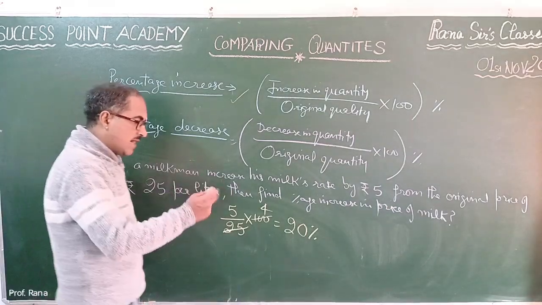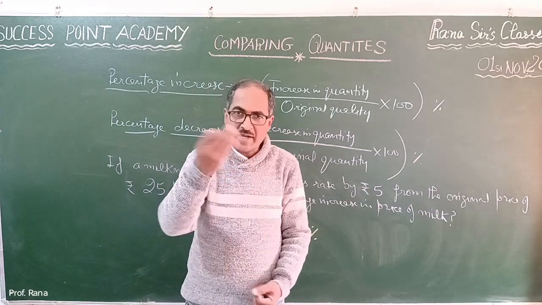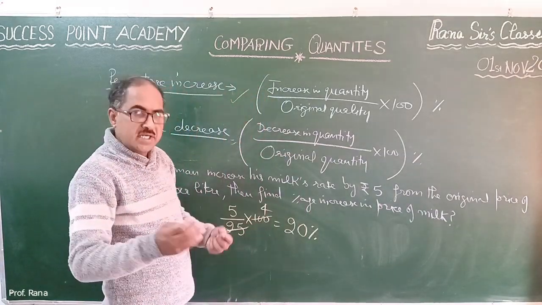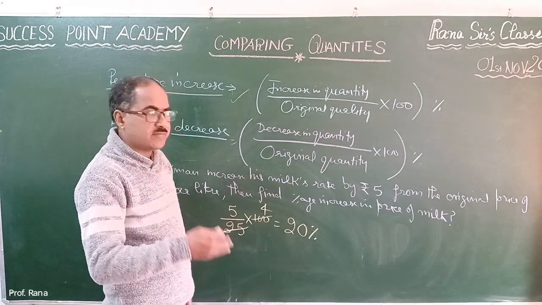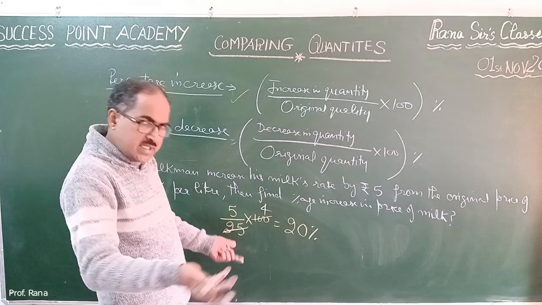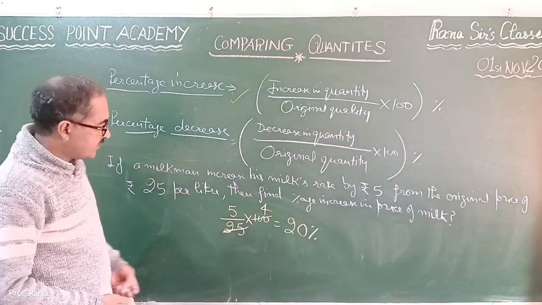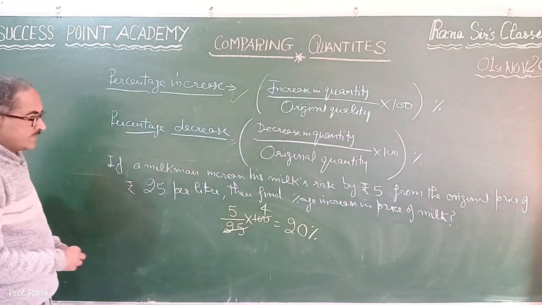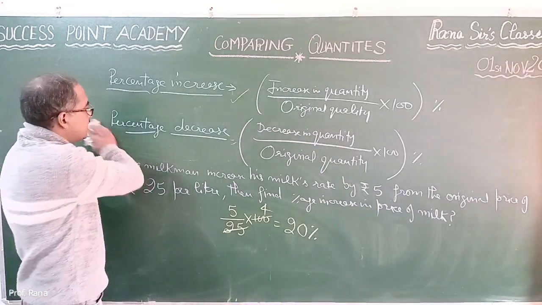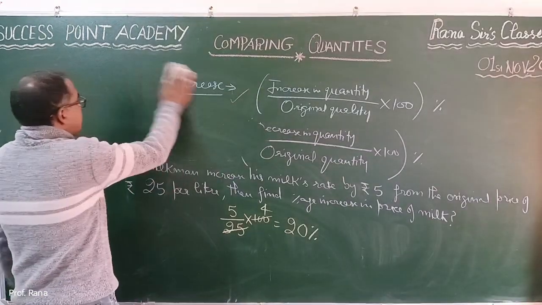Or 5 fives are 25, it is 5 times. So 25 is 100. Out of 100 it must be 20, because 20 times 5 is 100. So it is 20% obviously. So okay, in this way it is done. I think next we will take another example.